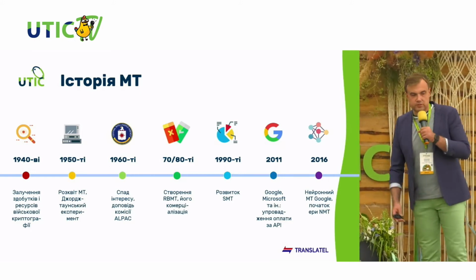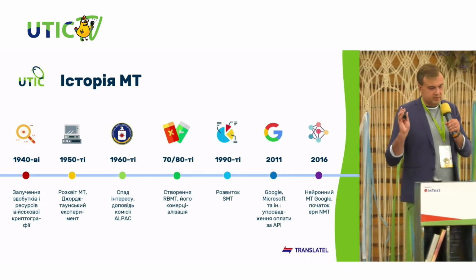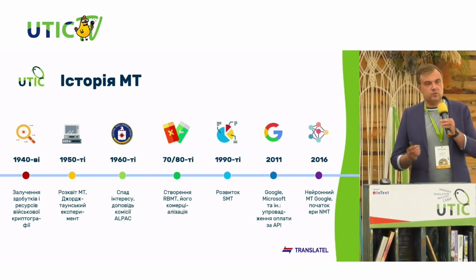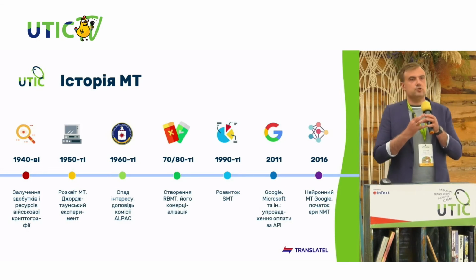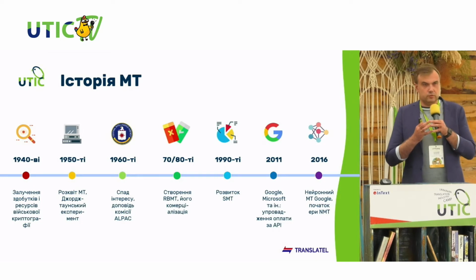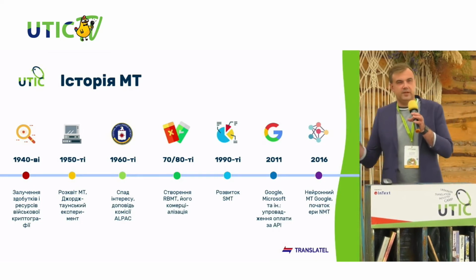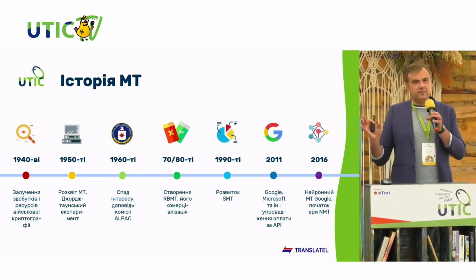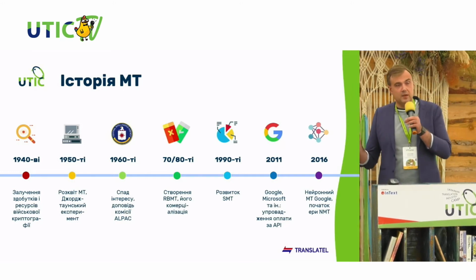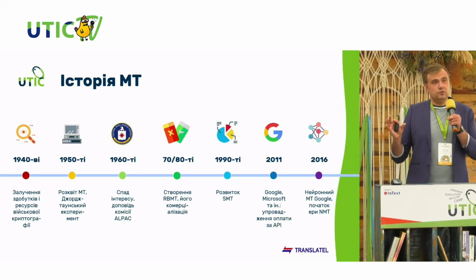We could think that the burst of MT began in the 1950s with the Georgetown experiment. That was the time of the development of the first rule-based engine. There were only 300 rules and around 100 words in the glossary.